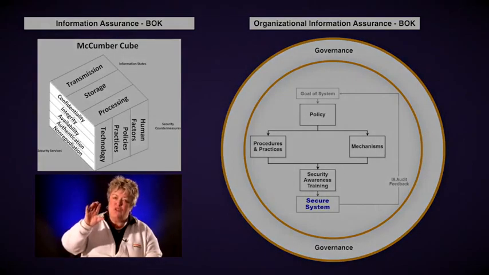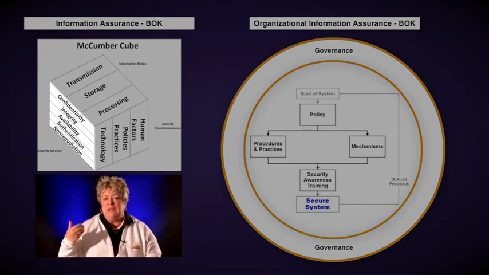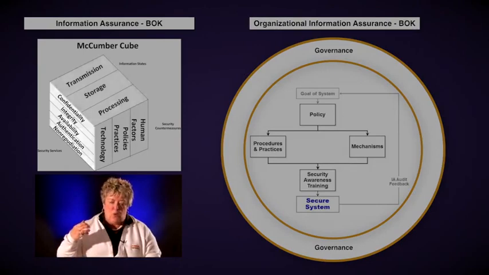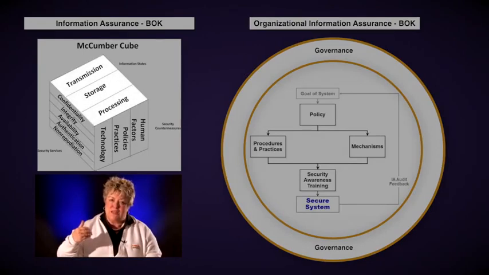So we look at the security measures that could be implemented in a system. We can require the system to satisfy confidentiality, integrity, and availability constraints. We want to look at information as it passes through all the states that it'll experience in its life cycle, from transmission to processing to storage.